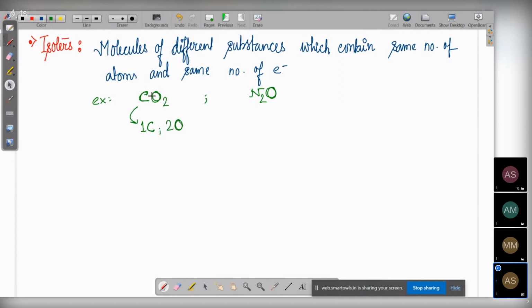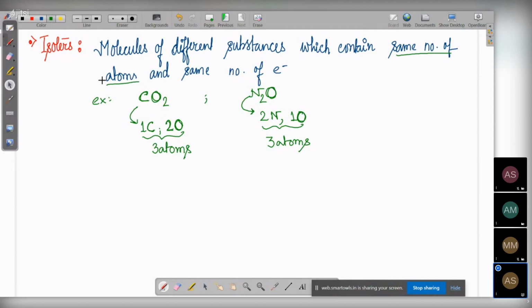So overall, three atoms are here. And how many atoms are there in N2O? Here you have two atoms of nitrogen and one atom of oxygen. So here also you have three atoms in both the molecules. That's what the definition is saying: they have the same number of atoms.